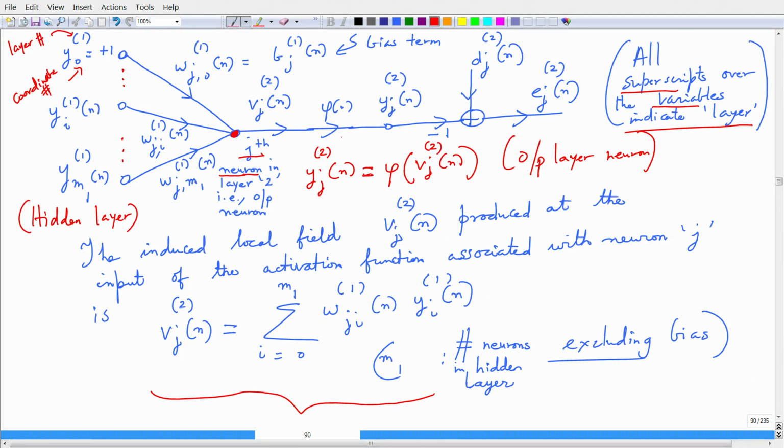This goes through a nonlinear function which is phi, and we get yj of n corresponding to layer number 2.